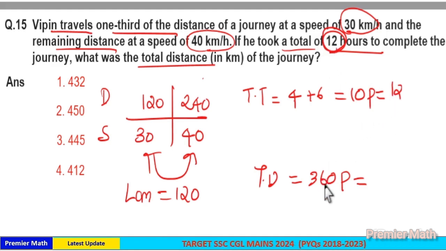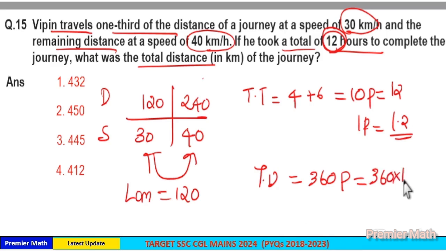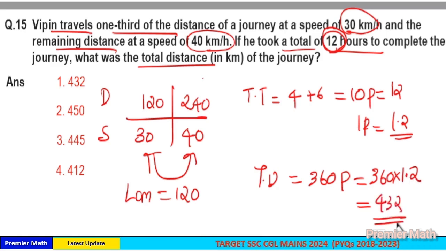So when you use 360 as distance, your total time is 10 part. But actual time is 12 hours. Which means here 1 part is equal to 1.2 hours. Then 360 part is the total distance. So 360 into 1.2 is the total distance, which is equal to 360 plus 72, which is 432. Option 1 is your answer.